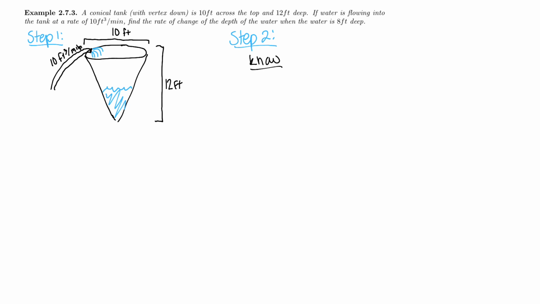What do we know? So I know that the water is coming into the tank to fill it up with water. Like I have water being poured into the tank and it's filling up. So the volume of this cone is increasing at 10 cubic feet per minute, right? Because the volume of the water is getting bigger at a rate of 10 cubic feet per minute.